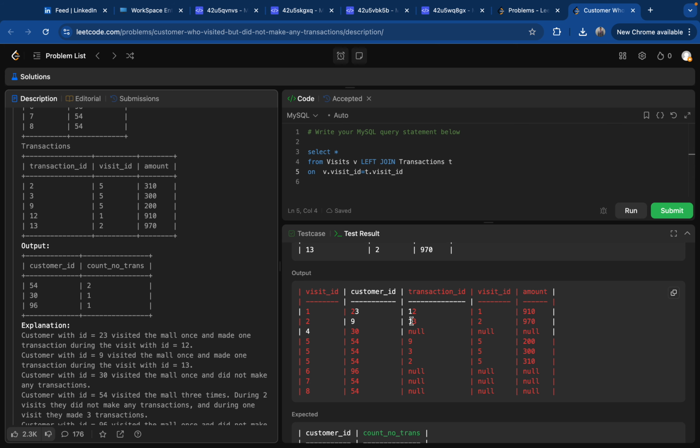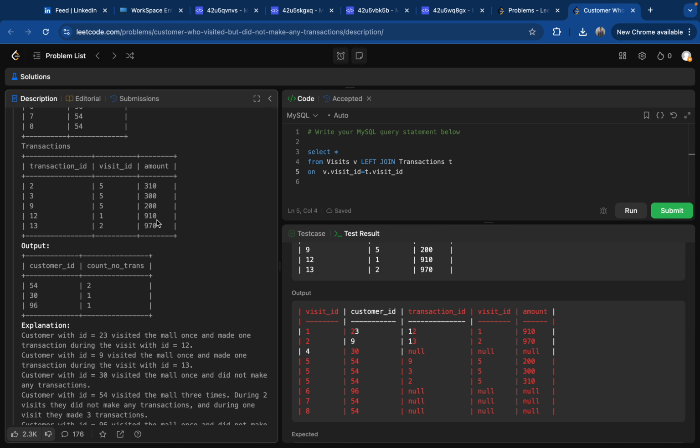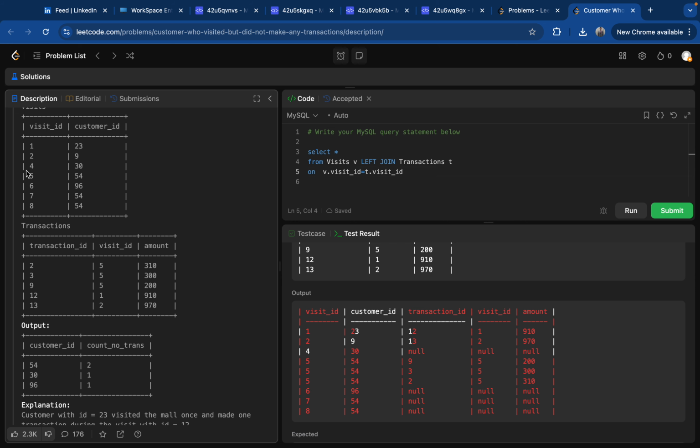Customer ID 9 visited with 2, so we can see it here. What about 30? He visited with visit ID 4, but he did not make any transaction, so here we are seeing null, null and null. So similarly we have to find all the records where the customer visited but that visit ID is not present in the transaction table.